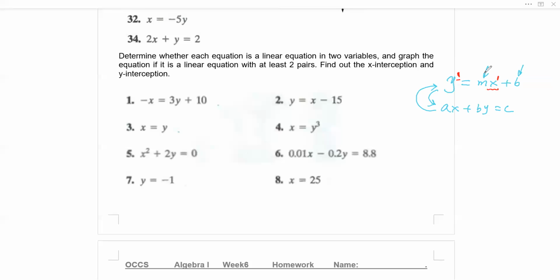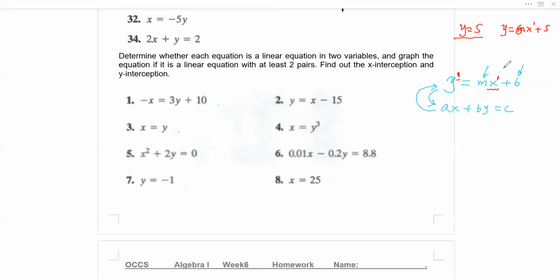Sometimes we say y equals 5, where x doesn't appear. Actually, y equals mx plus 5 with m equal to 0, so the power of x is also 1. The power of x and y, these two variables, is only 1.